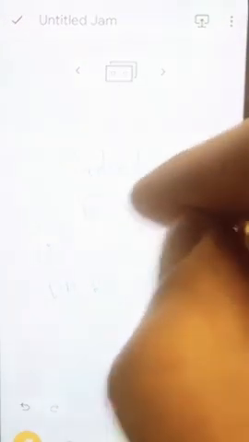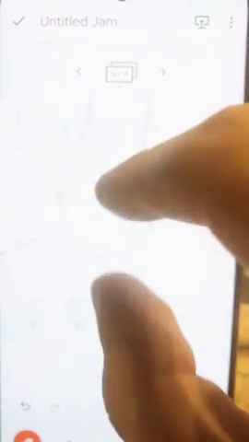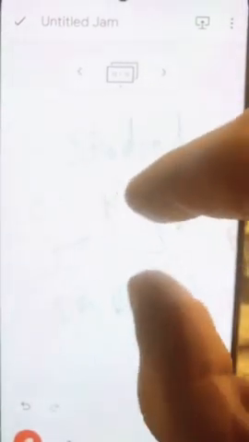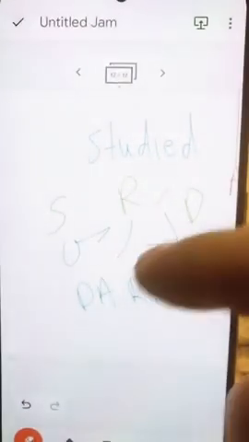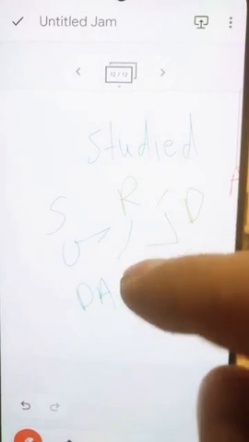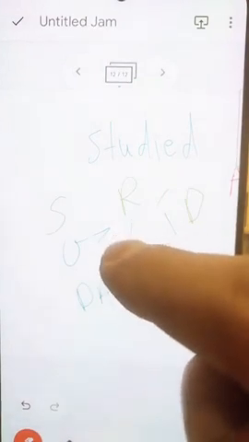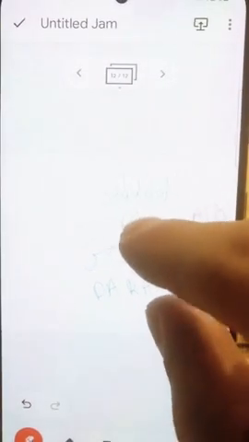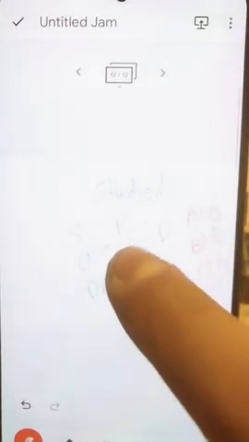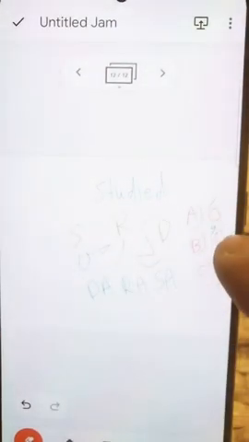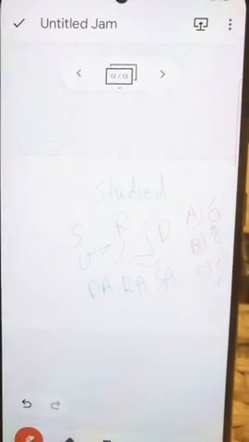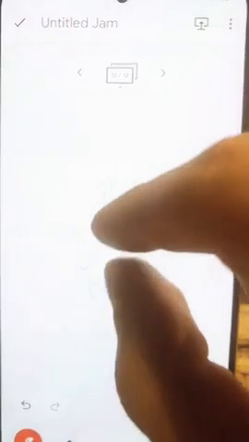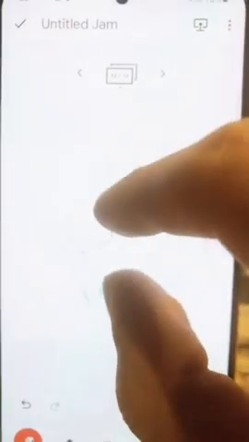Now for school. School. So school, and then the letters.